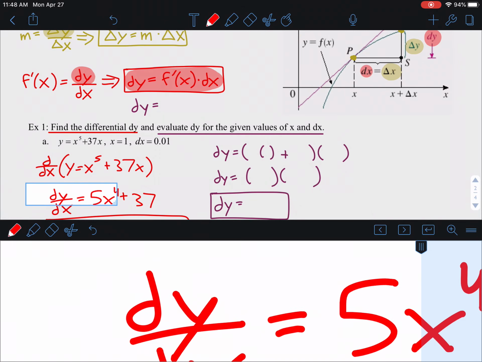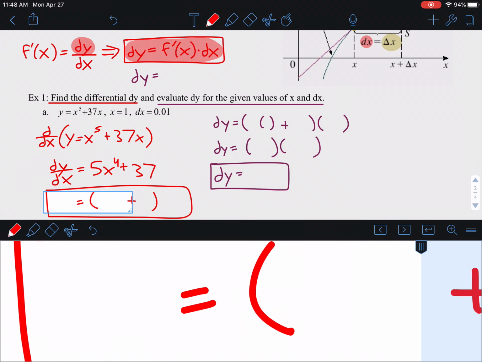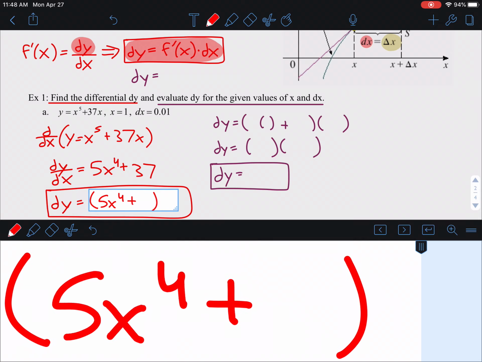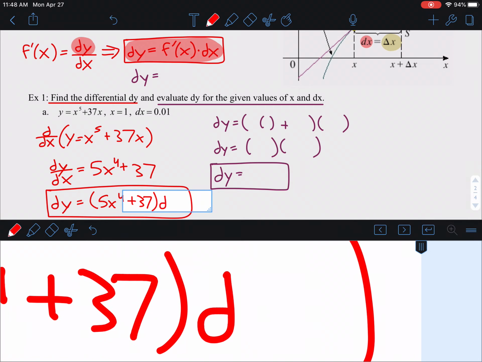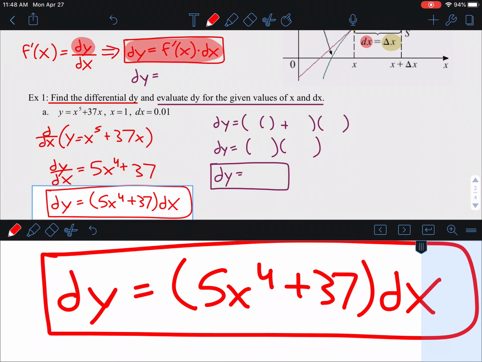okay? And now I'm going to go ahead and multiply the dx over, right? Normally, we're so used to just stopping there, right? But what I'm going to do is multiply the dx over, so I get 5x to the fourth plus 37, that quantity times dx. So this is the formula to calculate the differential dy, okay?